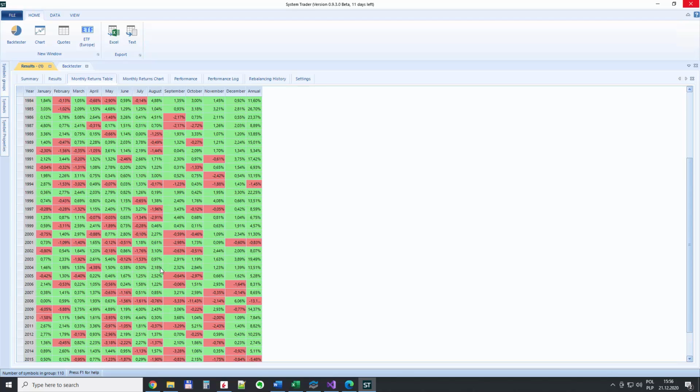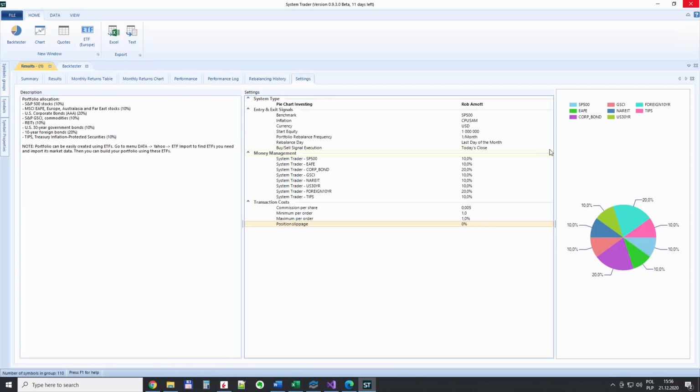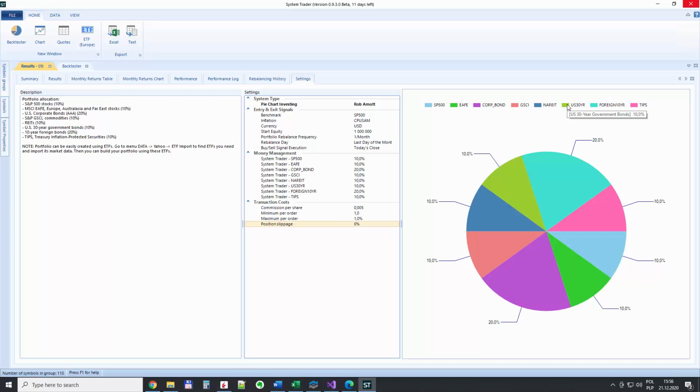So basically, this is a pretty conservative portfolio, but we have to make sure that we understand that here we have bonds, like 30-year government bonds, which were having a pretty good period in the last 4 decades because the interest rates were going down.